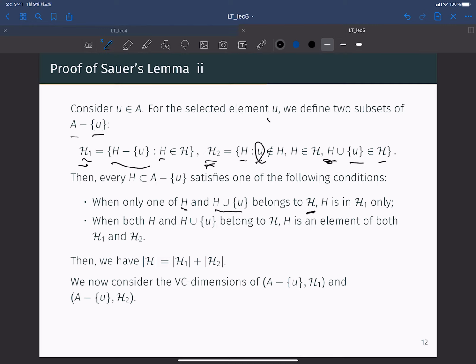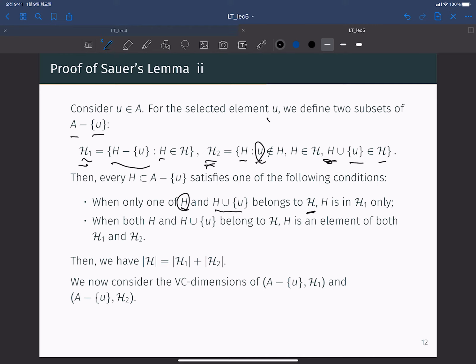When only this one is true, which means H does not include the element U, H minus U does not change anything.